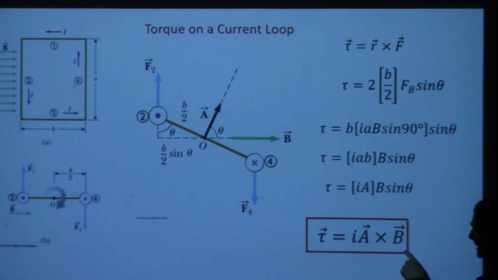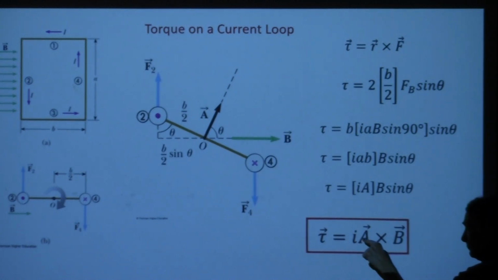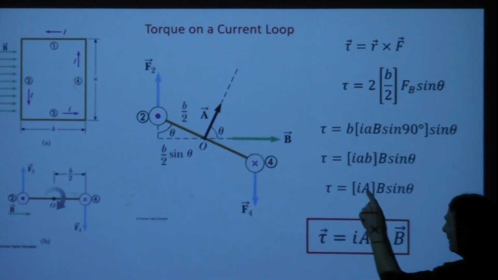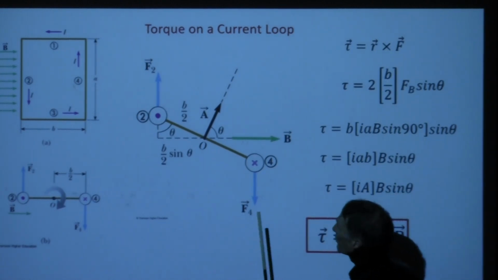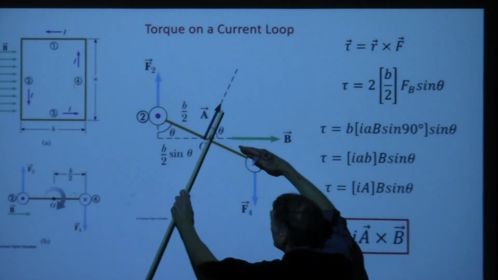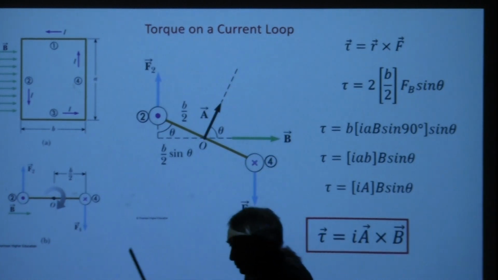And we can formalize this even more by making yet another cross product here. We can say that the A, the area, becomes an area vector. This is something we're going to use in the future a great deal. This area vector is pointing at right angles to that loop.